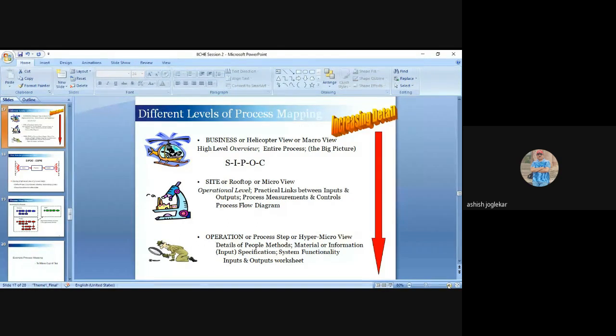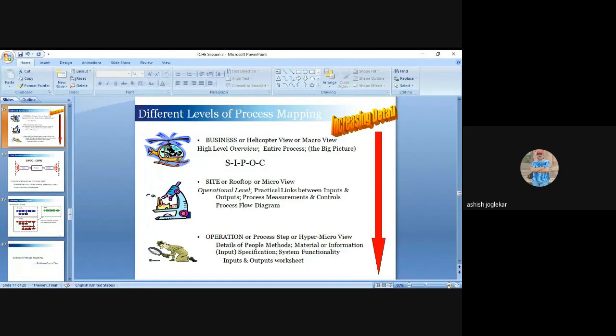How much Hyderabad is earning, how much Bangalore is earning, how much Delhi is earning, what are the problems, what are the processes that are common at all 3 places, and what is the big picture. So the business owner looks at the big picture. He doesn't go to the minute level and ask, "What improvement is happening in process number 3?" He is not worried about that. He is worried about the big picture.